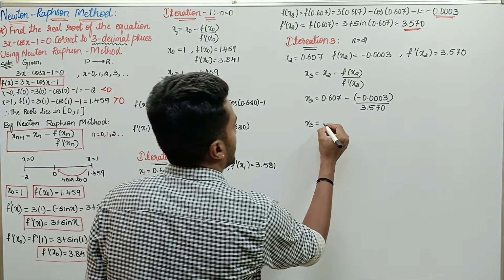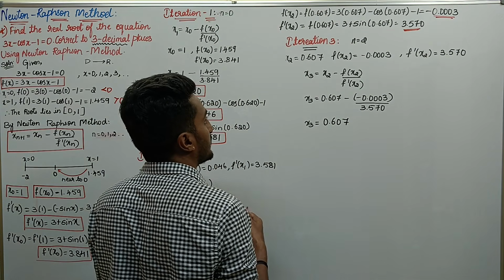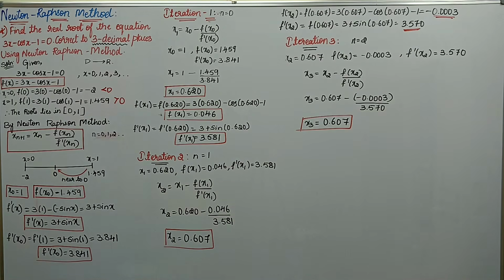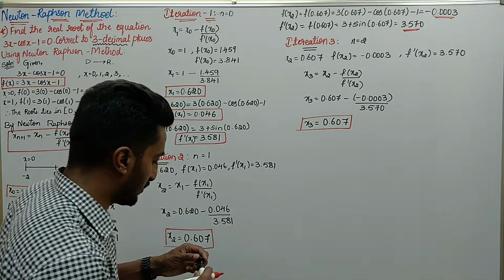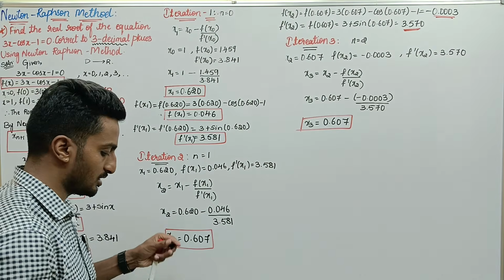You get 0.607. If you check iteration number 2 and iteration number 3, that is x2 and x3, you get the same value. Therefore, you have got x2 as 0.607 and x3 as 0.607.